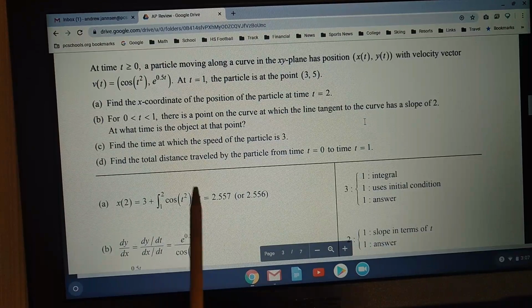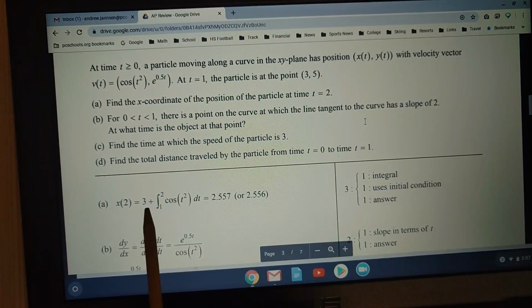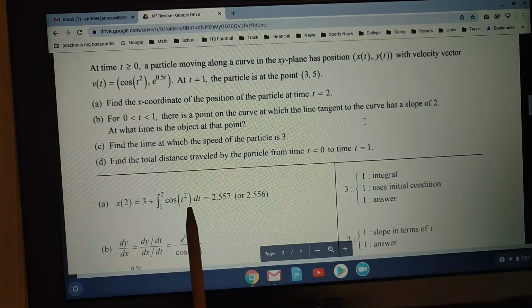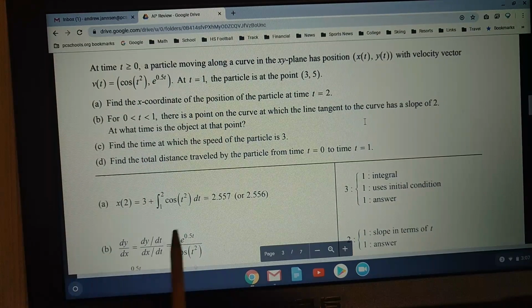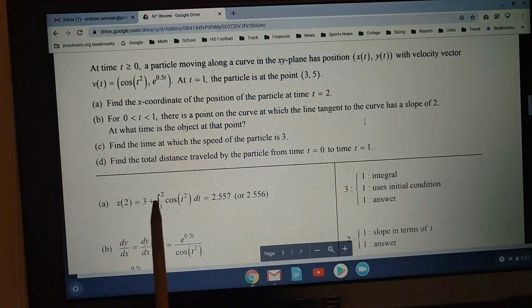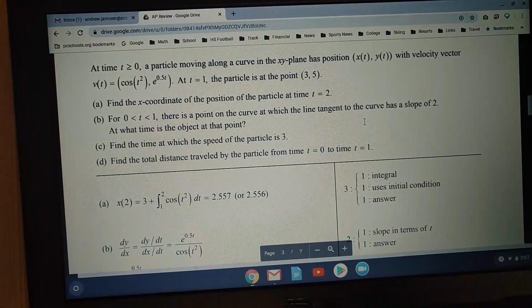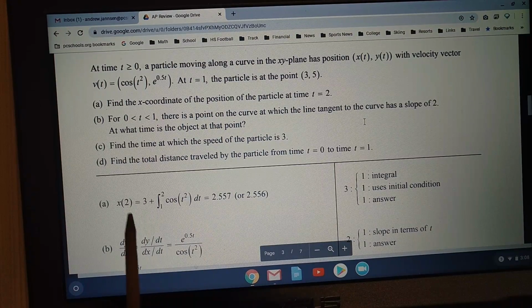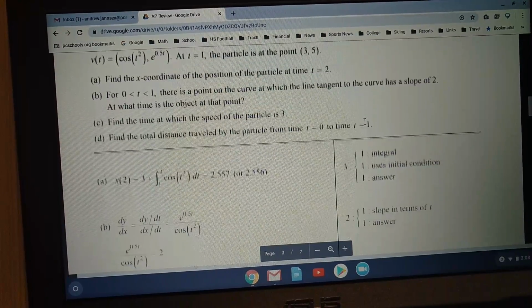We take our starting position, 3, as our starting x, and then find the difference going from 1 to 2 of the x component of our velocity. So we integrate. If you get the integral with limits, you get 1 point. If you remember to add 3, you get another point. And if you evaluate that correctly in your calculator and come up with the correct answer, you get your 3rd point.